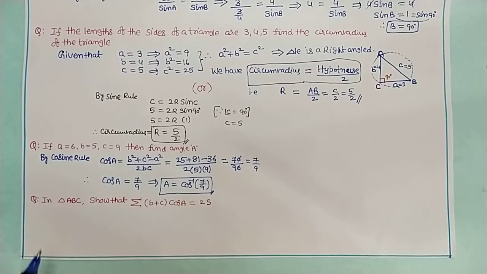The next question. In triangle ABC, show that sigma, or summation, (b plus c) into cos A equal to 2s. So first we have to expand.